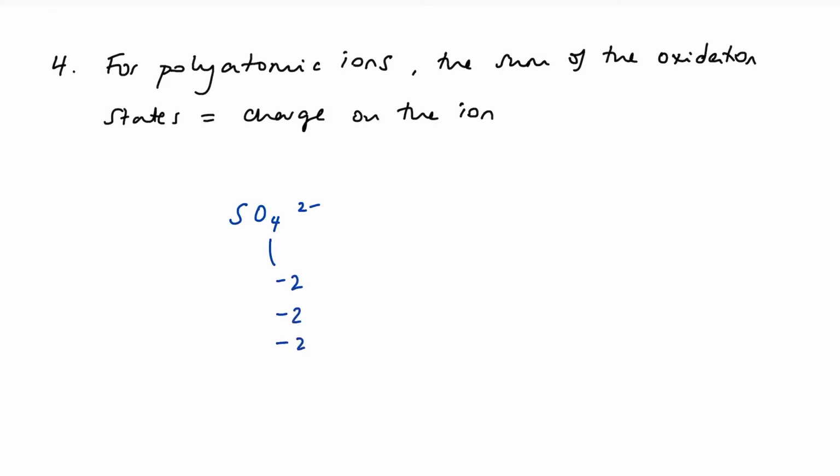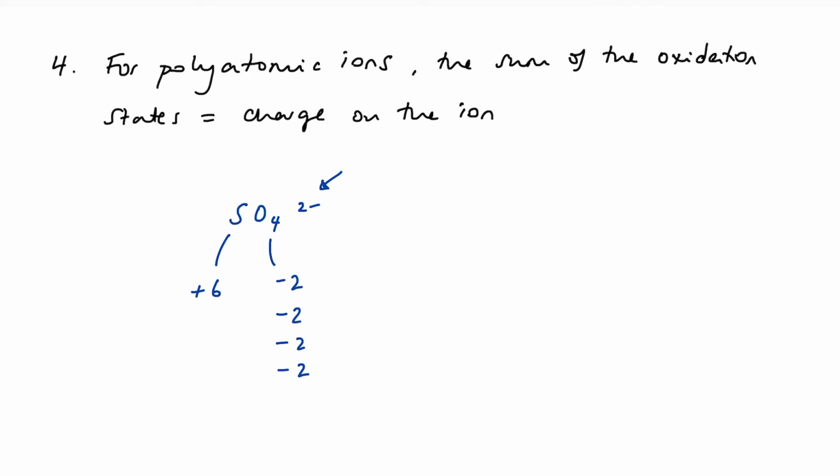There are 4 of them. 4 lots of -2 is -8, which means that the oxidation state of sulfur must be +6, because +6 minus 8 is -2, i.e. the sum of those oxidation states equals the charge on the ion.